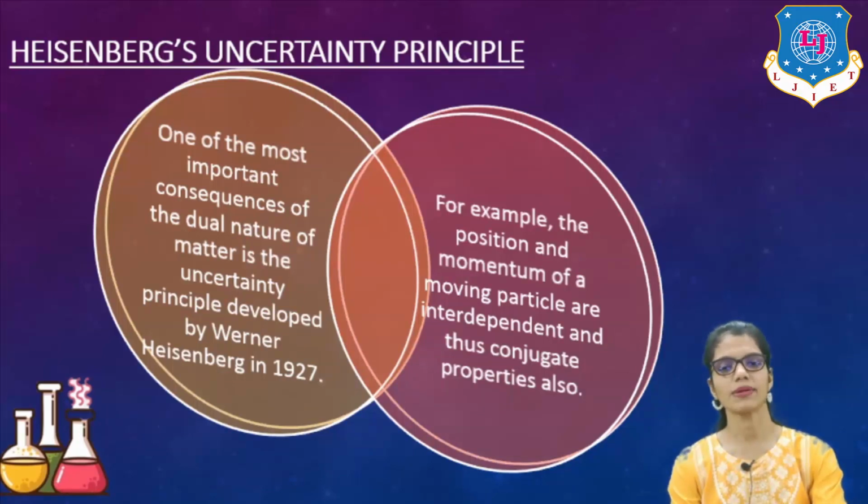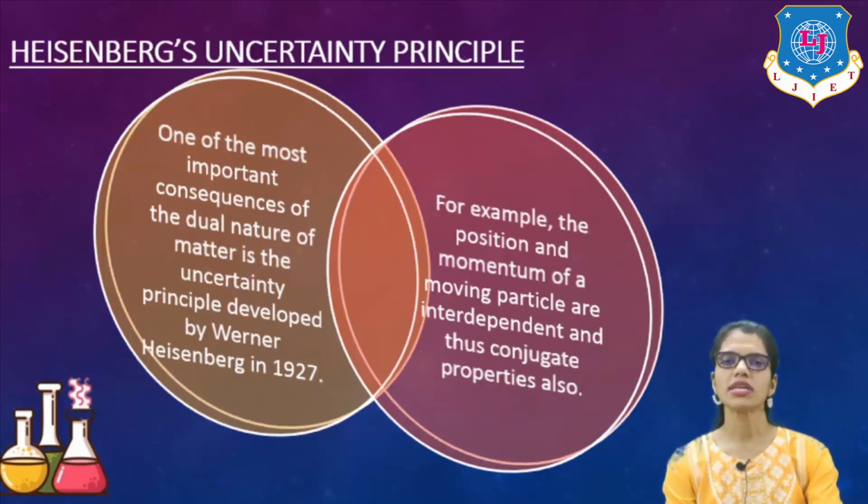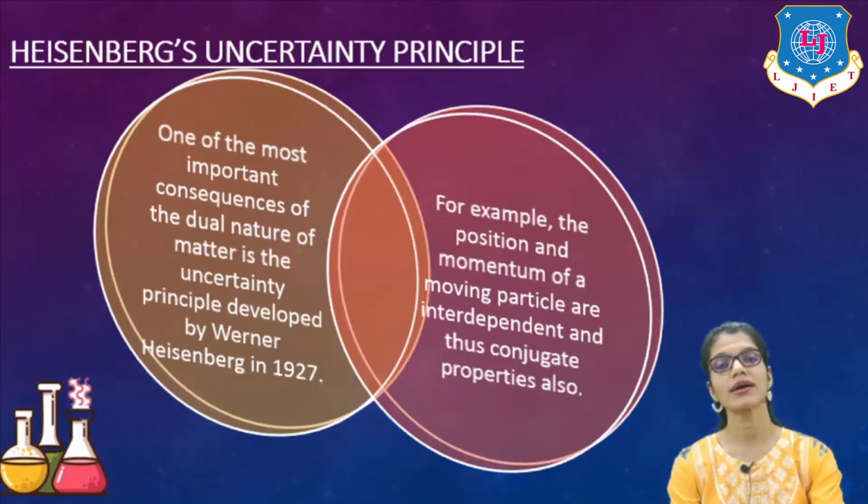For example, the position and the momentum of a moving particle are interdependent, and thus conjugate properties. What is the meaning of conjugate properties? The properties which depend upon each other are known as conjugate properties. Here we have the position and momentum of an atom. They are interdependent.